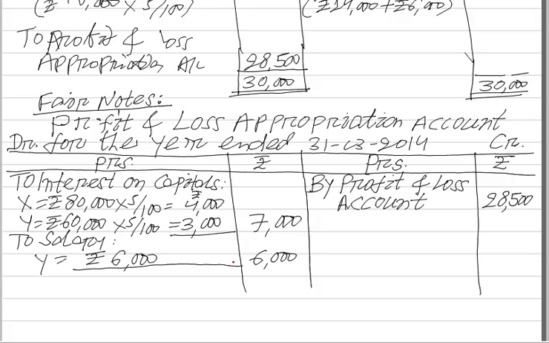The next one is to profit transferred to capital account, for X and Y. Now find out the net profit and distribute in the ratio 3:2 as given in the question.